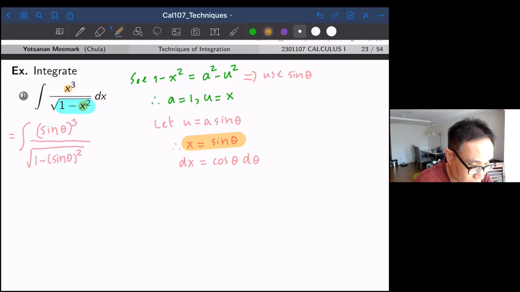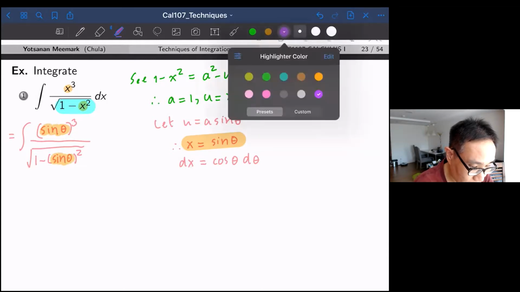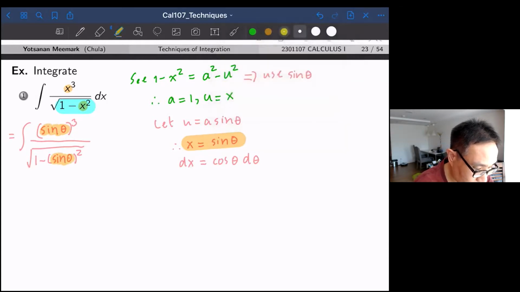That is the orange one, the term that you have here. And you have dx equal to cos theta d theta.